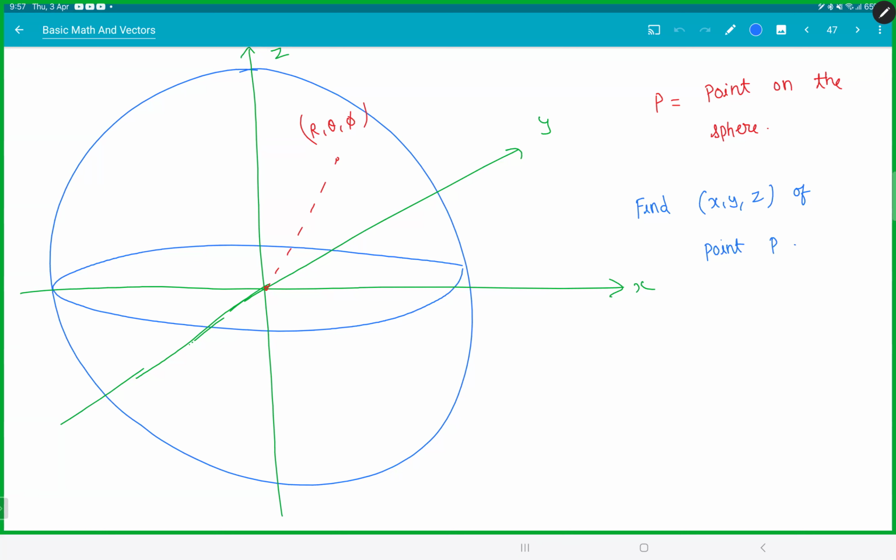R cos theta, R sin theta, no. Should I help you? Listen carefully. We'll go step by step. Just look at the coordinates.